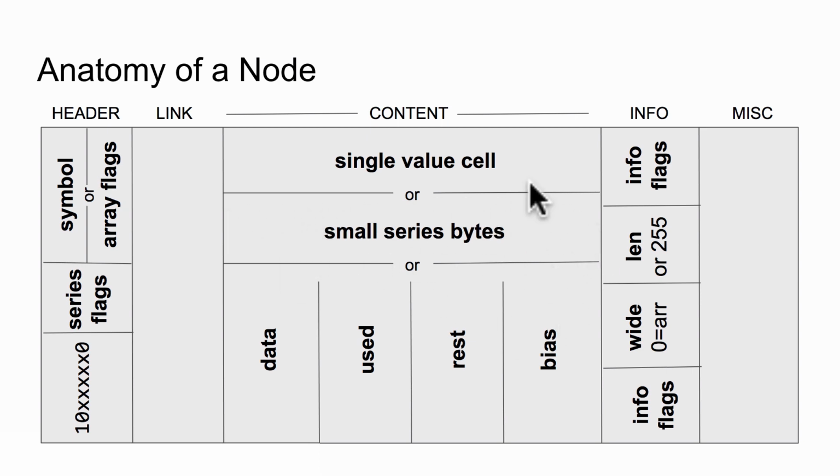But if you have something that's larger, that needs an actual allocation, then you're going to break down this middle part, the content, into tracking information. So you get the data pointer, you get how much of the information is used, what Carl called a tail, you get the rest, and you get a bias, which is how far off of the head of the data you are.